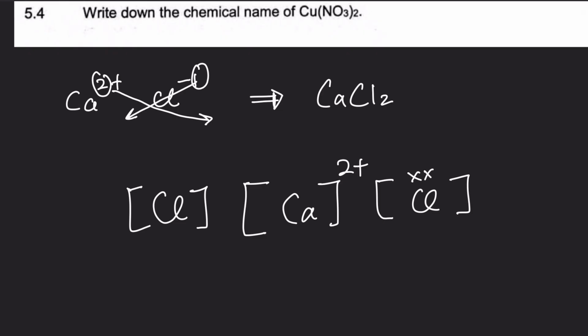So 1, 2, 3, 4, 5, 6, 7. 1, 2, 3, 4, 5, 6, 7. And then each chlorine has taken 1 electron from the calcium. So there's 1 electron from the calcium there and 1 electron from the calcium there. And now the charges are going to be -1 and -1. And that's our answer.